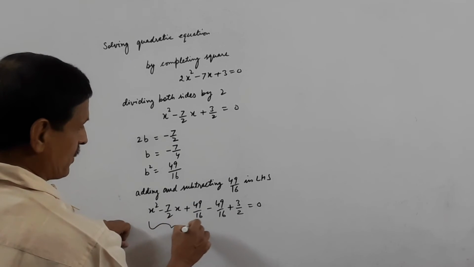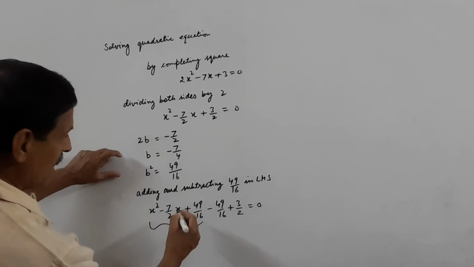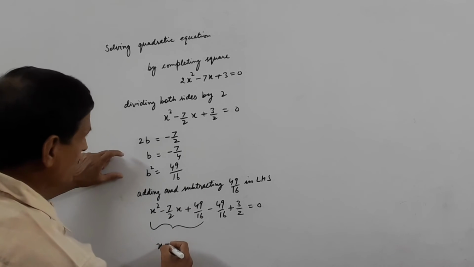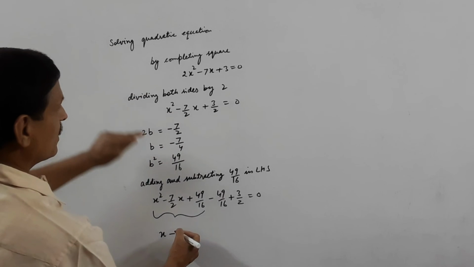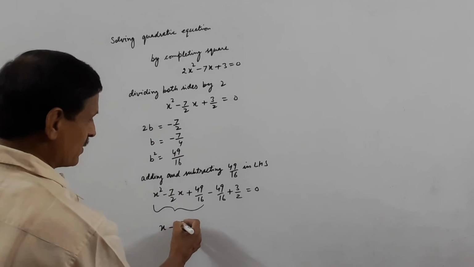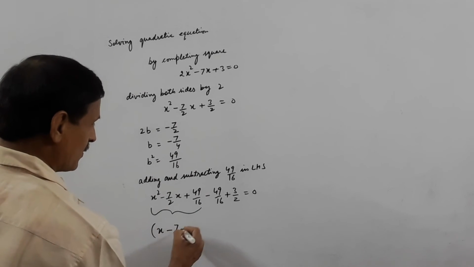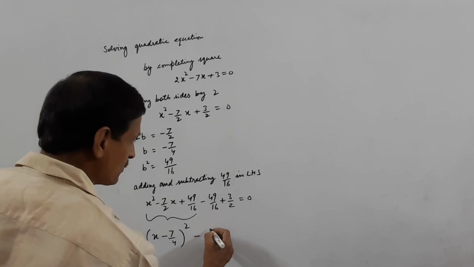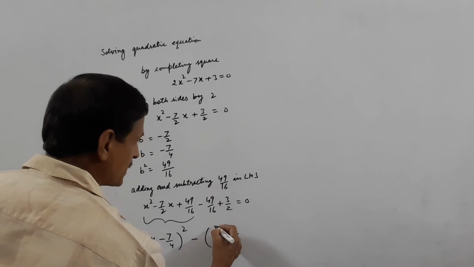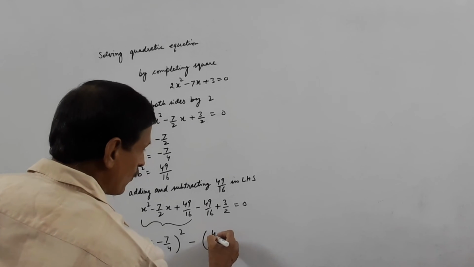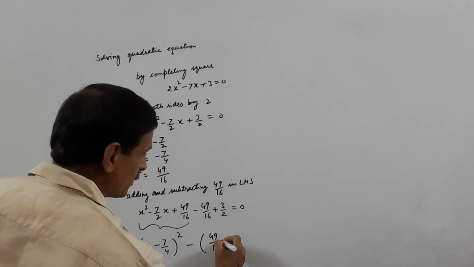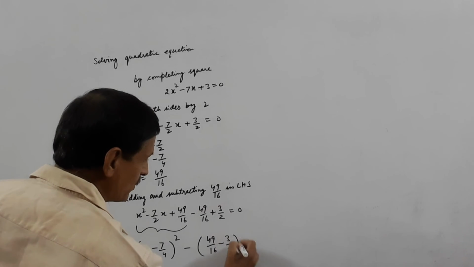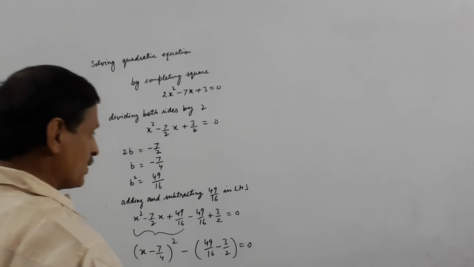So this expression is a perfect square, and this is x minus 7 upon 4 whole square, taking minus common. This is 49 upon 16 minus 3 by 2 is equal to 0.